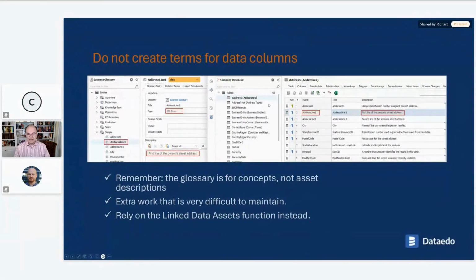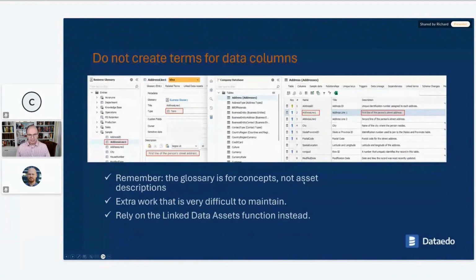That way, you get that concept separate from these objects. So you could link that address concept here, that address term, to address line 1, address line 2, possibly city, possibly state, depending on your definition. You link it to the appropriate columns over here. But that keeps that separation of the idea of focusing on concepts and focusing on object definitions separate.